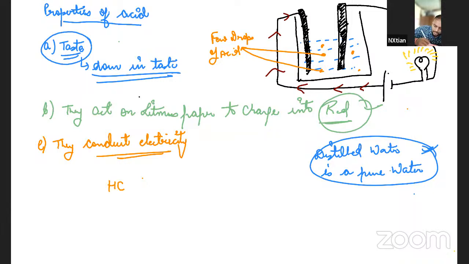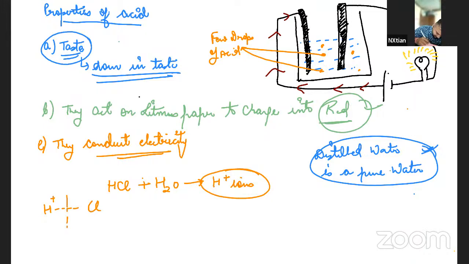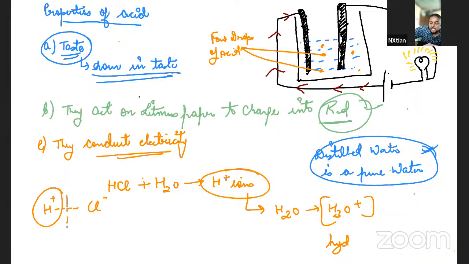Because when HCl is dissolved in water, as I told you before, it releases H+ ions. H and Cl break the bond, making H+ and Cl-, and this H+ ion reacts with water to form H3O+ ion, also called hydronium ion.